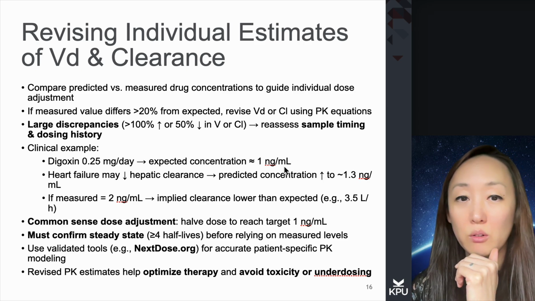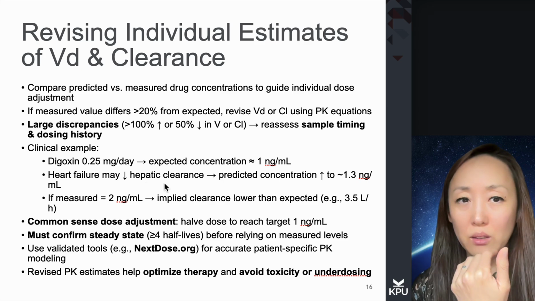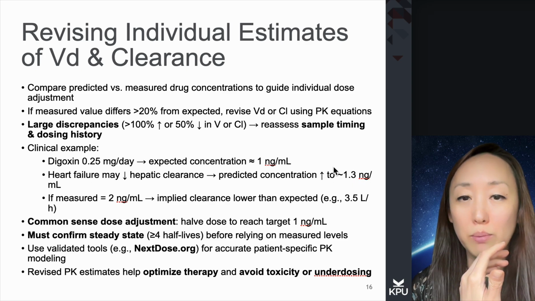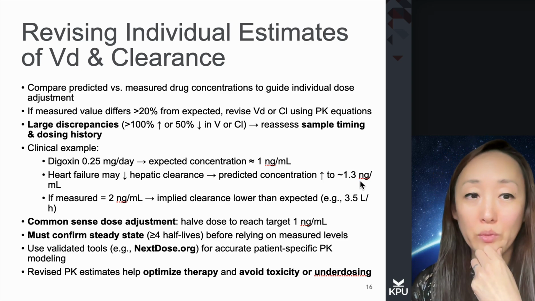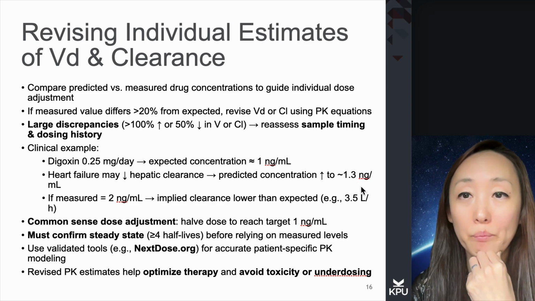Because if you did, we'd be at around 1 nanogram. So when your hepatic clearance is impacted, say in a case of heart failure, then you would expect accumulation to begin. So the concentration of the drug in your system would go up.